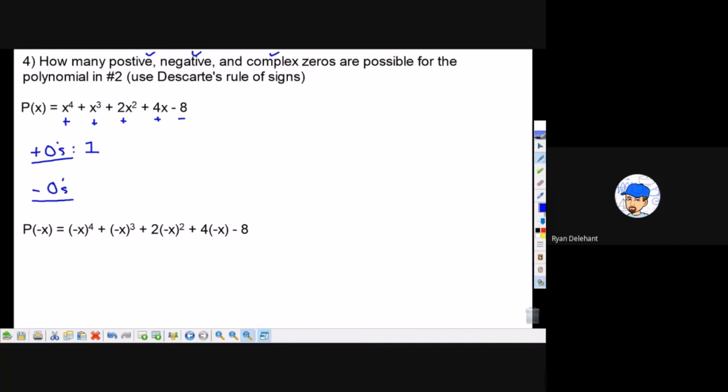This comes down to the powers again. Any even power, you can't change the sign on. Meaning negative x to the 4th is going to still be positive because anything to an even power always results in a positive answer. But this is to an odd power. Odd powers you can change the sign on. So since this one was positive up here, it changes to a negative.